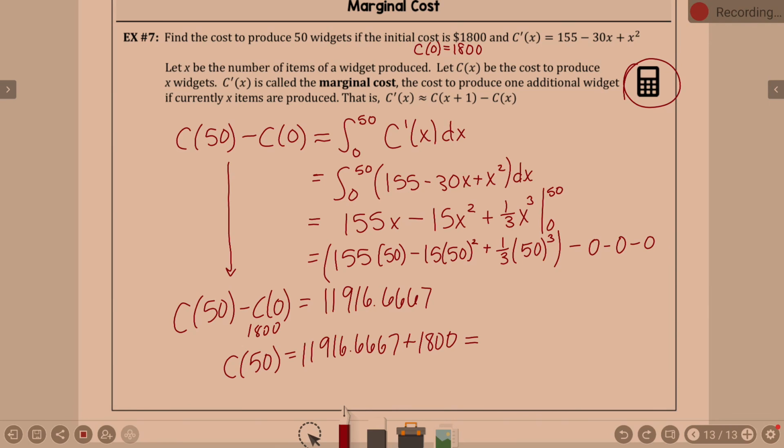And $13,716.67. I went to 2 decimal places because it is officially money.